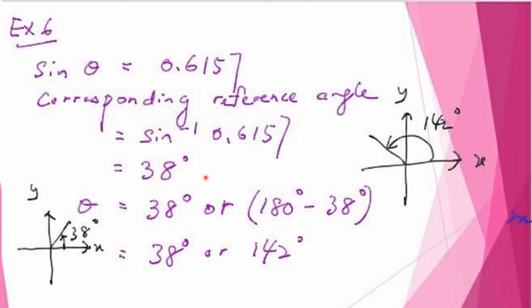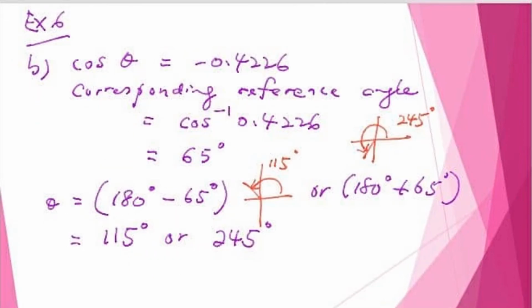By using the calculator, you get this theta, 38 degrees. Another theta will be in quadrant 2, which is 180 minus 38 degrees, which is 142 degrees. That's why the values will be 38 degrees or 142 degrees.